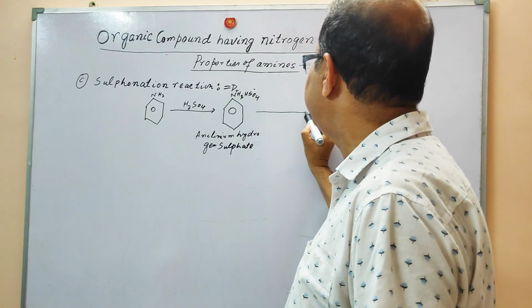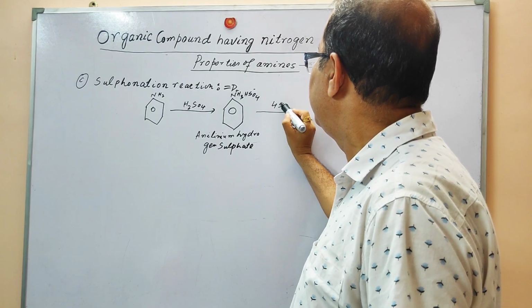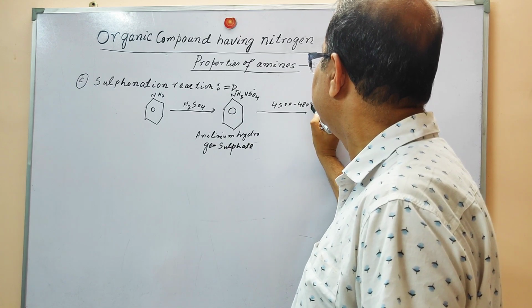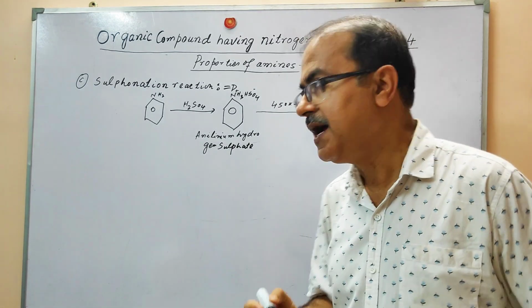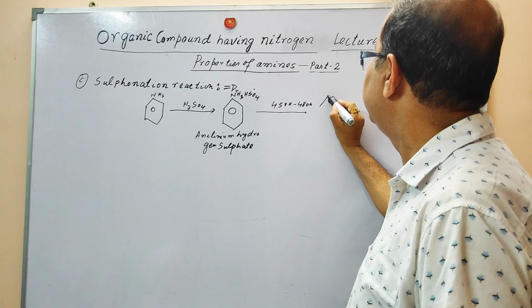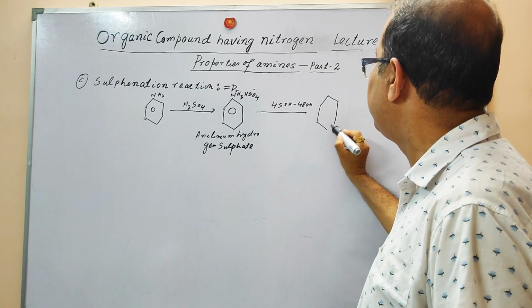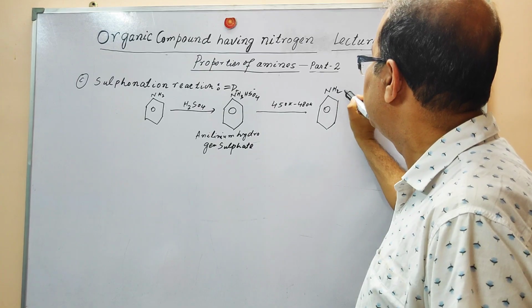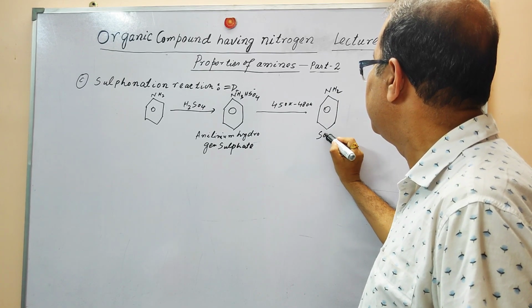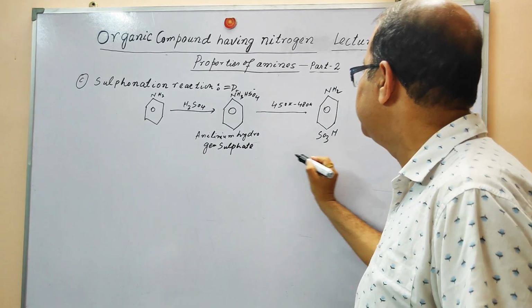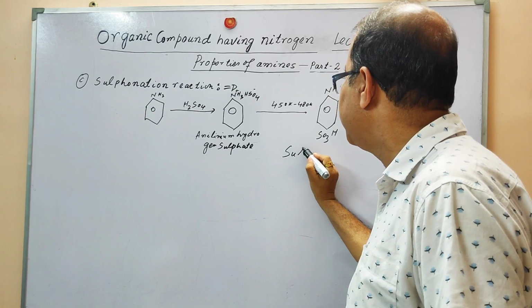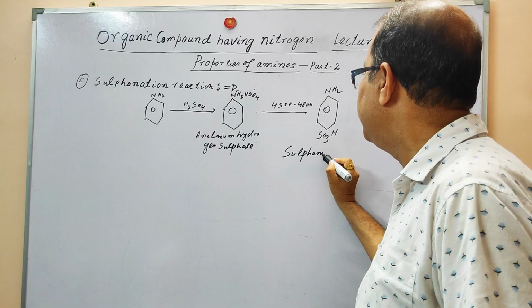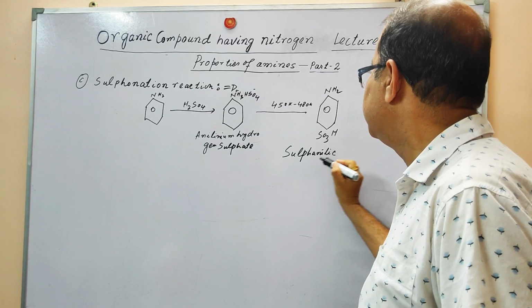When it is heated at 450 Kelvin to 480 Kelvin, it forms this compound, sulfanilic acid.